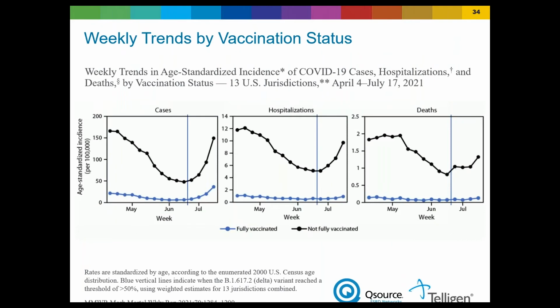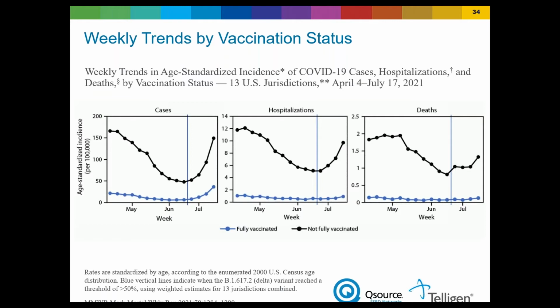These graphs were obtained from a landmark study that was published in New England Journal, looking at different case incidents, hospitalizations, and death rates. You can see weekly incidents, and the blue line represents the individuals who are fully vaccinated, and the black line who are not fully vaccinated.